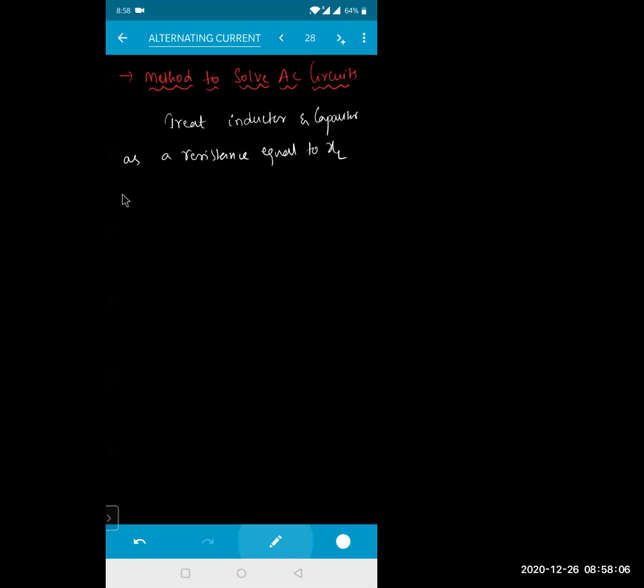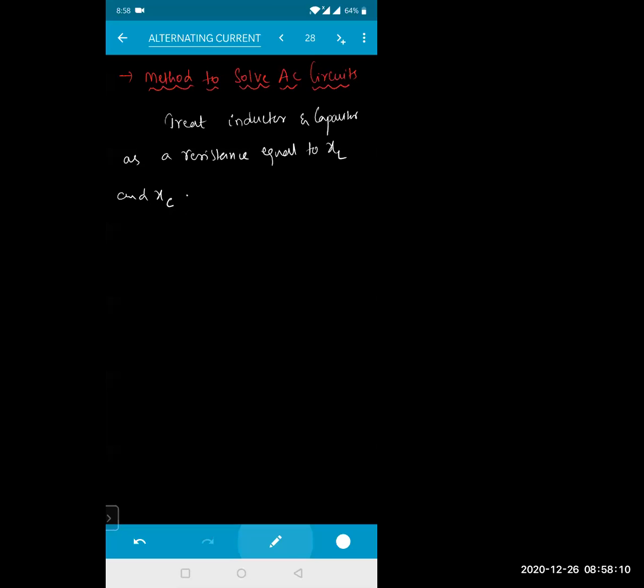Method to solve AC circuits. What I told you right now: treat the inductor and capacitor as a resistance equal to XL and XC.